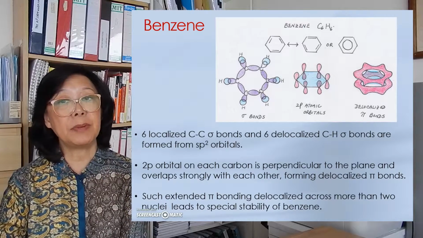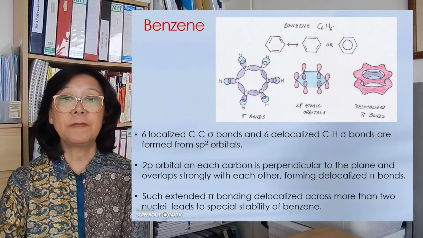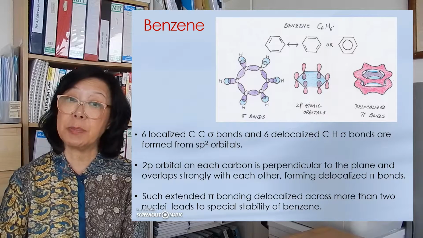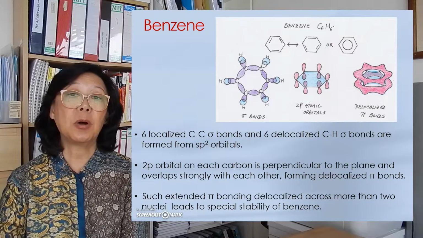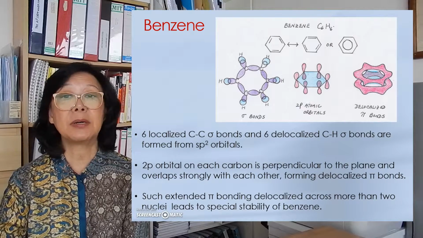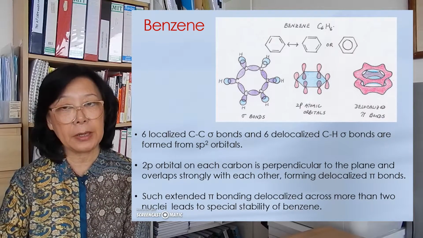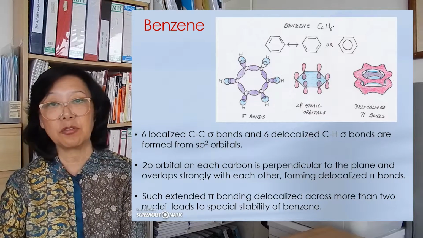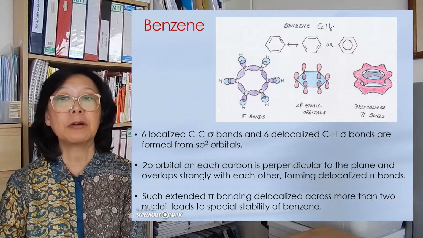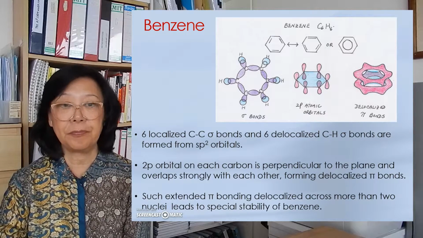Let's take a look at the benzene molecule. You'll find in your textbook that benzene is represented by two resonance structures which have alternating double and single bonds within a hexagonal ring, or is represented by a circle within the hexagon, as if electrons are delocalized throughout the benzene structure.